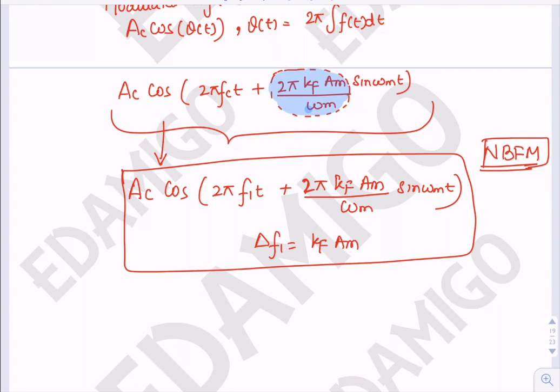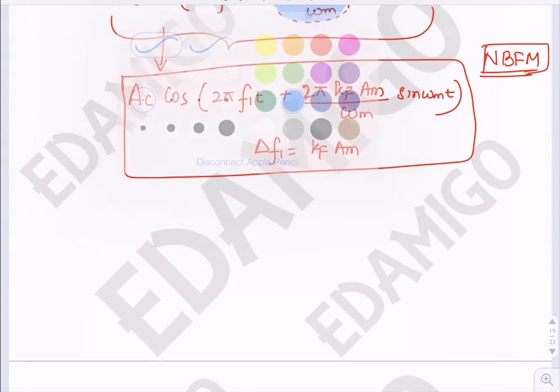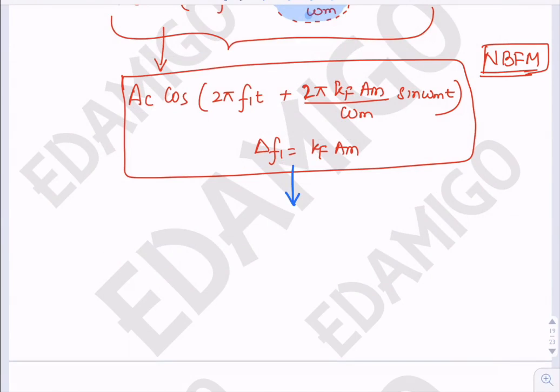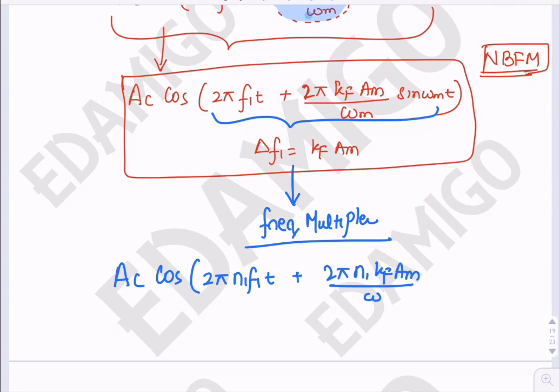Narrowband frequency modulation. Now when this signal is passed through a frequency multiplier, we know that the frequency multiplier simply multiplies this whole term by n1. So we'll get Ac cos 2 pi n1 f1 t plus 2 pi n1 kf Am upon omega m sine omega m t.